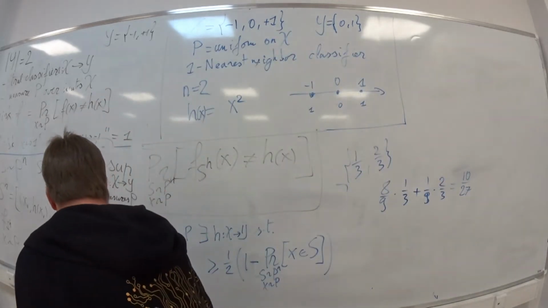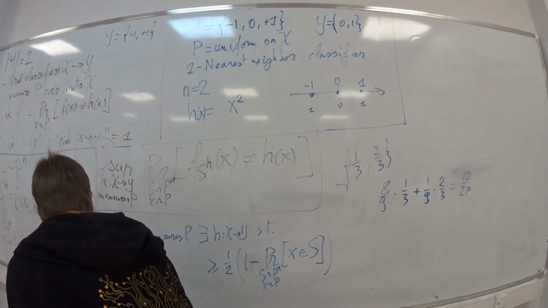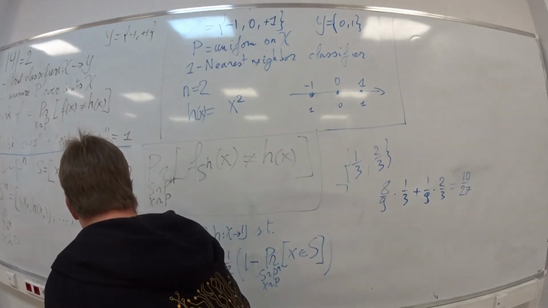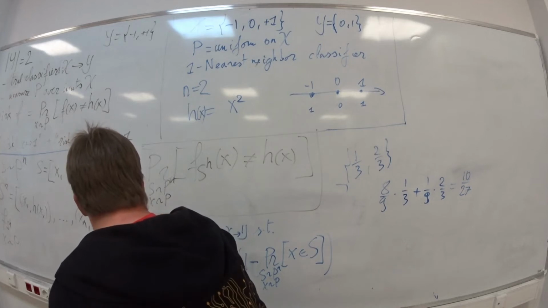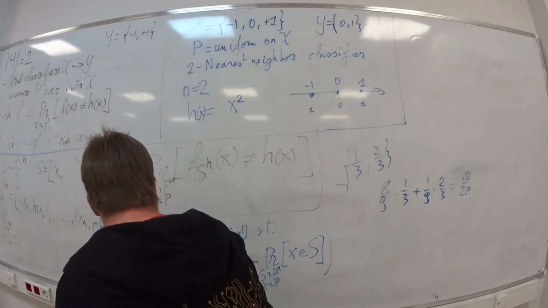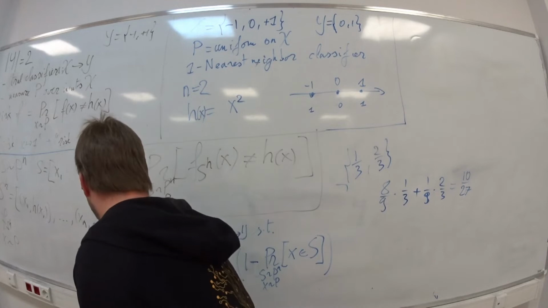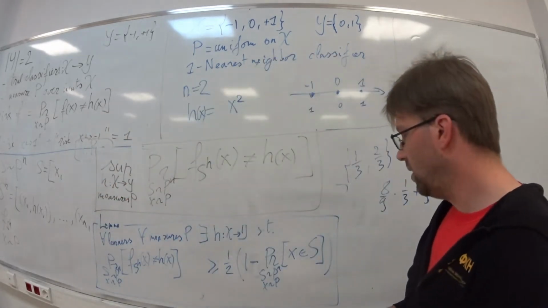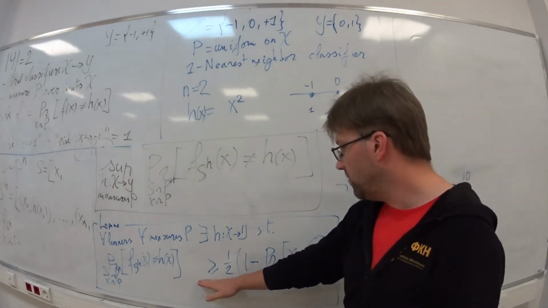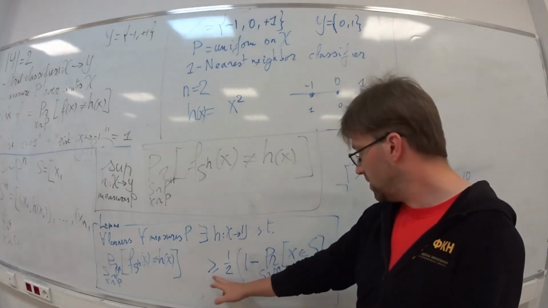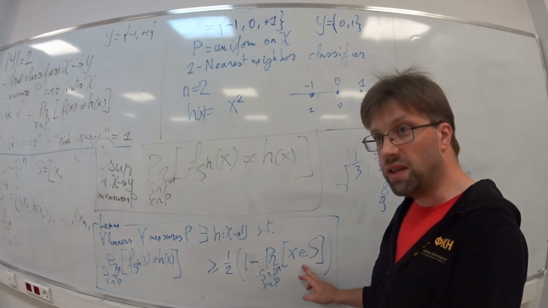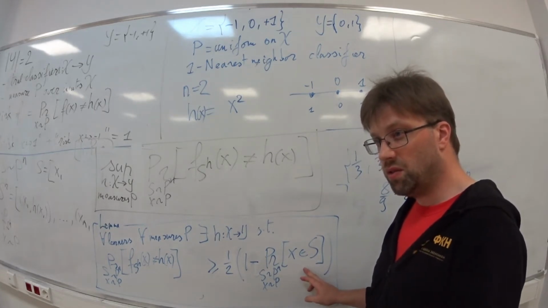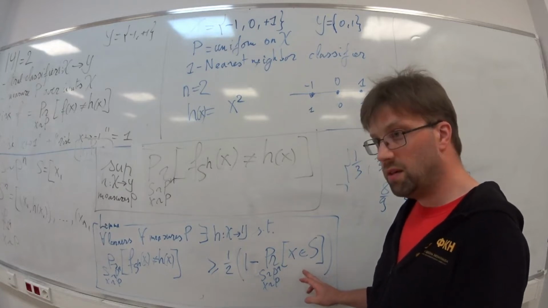Here is the same probability from this definition: h of x not equal to h of x. So we achieve equality if we just remember what is in the training set. Is it easy or difficult to understand this lemma?